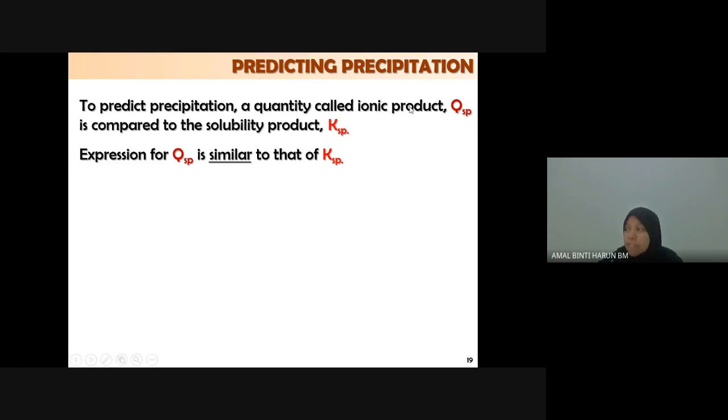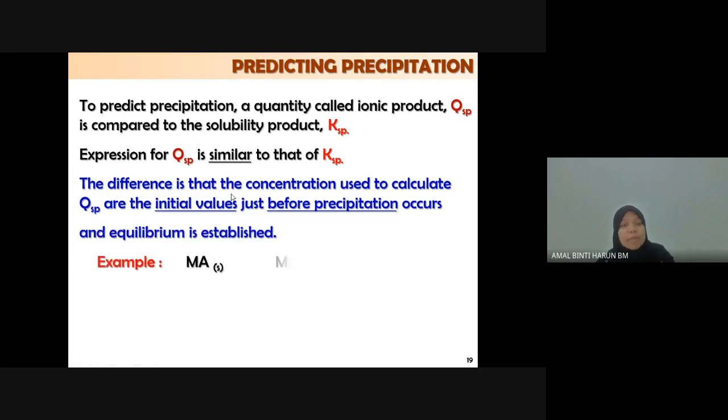So QSP is the concentration of the ion form at any condition. Okay. Now we compare with the KSP. So KSP is the concentration of the ion at equilibrium. So kita buat expression QSP tu sama macam KSP juga.